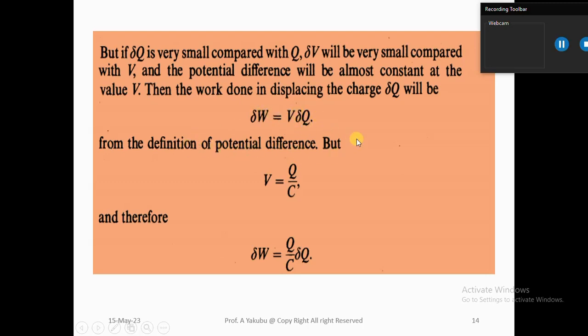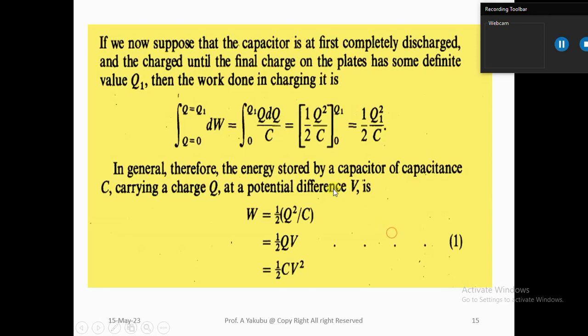From the definition of potential difference, v is charge over capacitance. Therefore our work done, since it is v dq, with v equal to q over c, is q over c dq. So the total work done is the integral of the work done from q equals 0 to q equals q1.